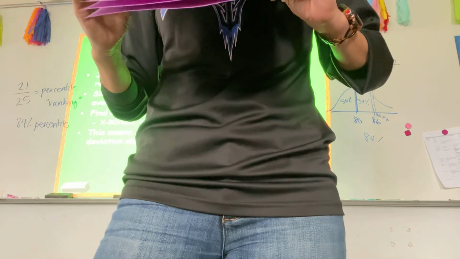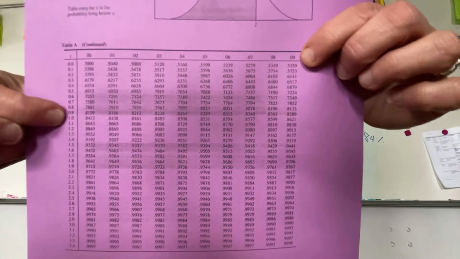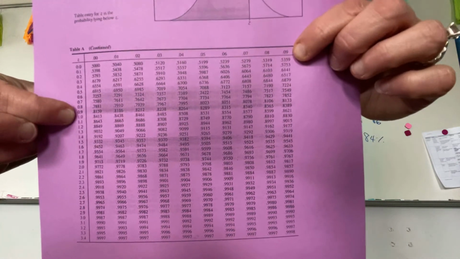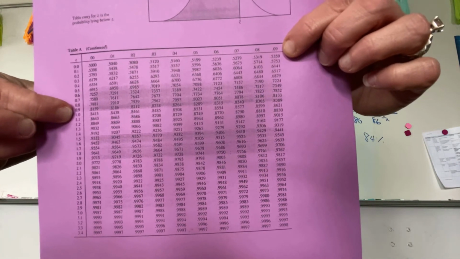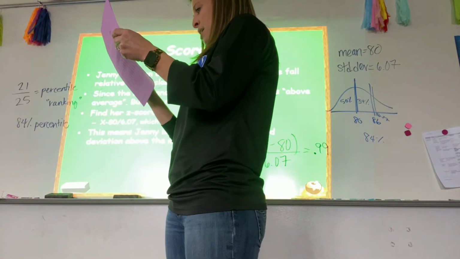And we're going to go to 0.9 on the left side, 0.9 on the left side. And then we're going to go to 0.9 at the very, very top. And then you're going to bring your fingers together until we get to the decimal that it goes with, okay? All right, so 0.9 and all the way over.